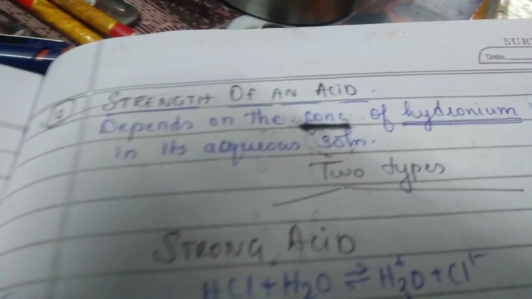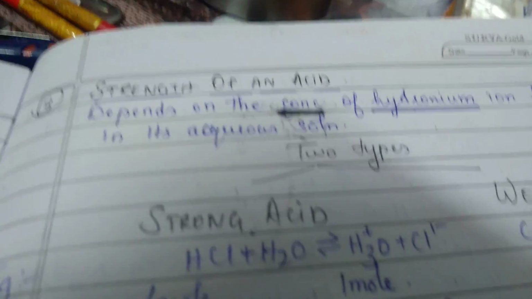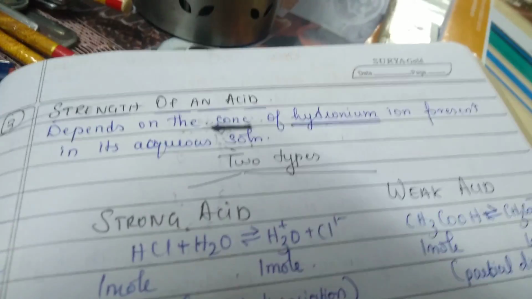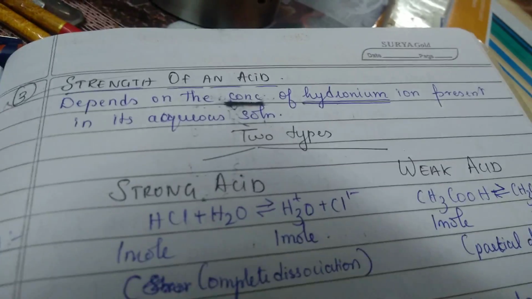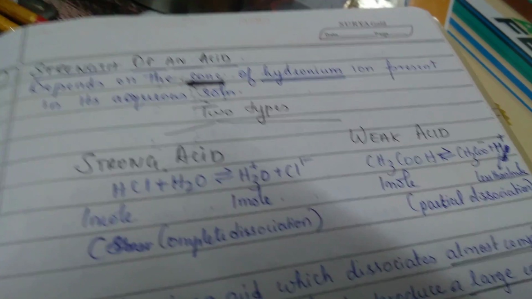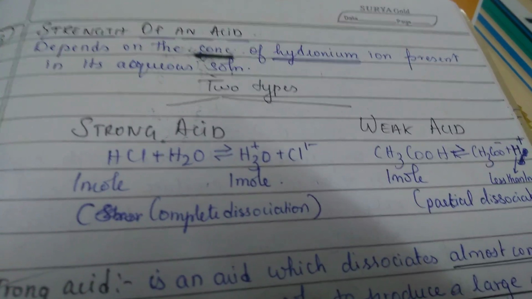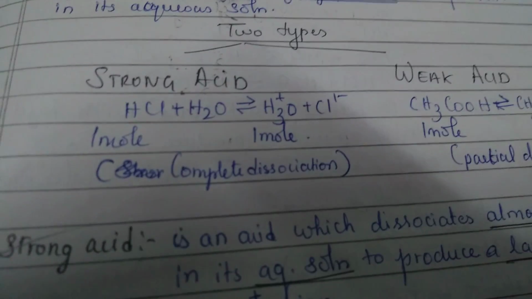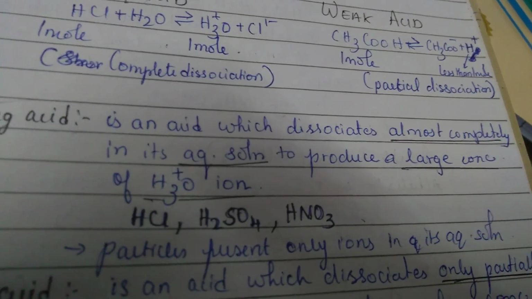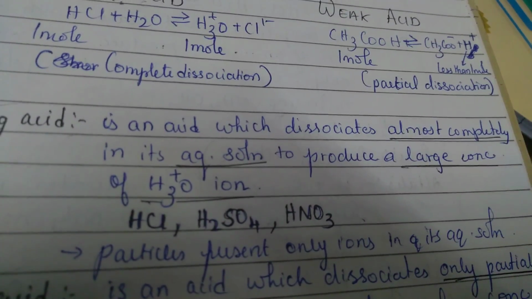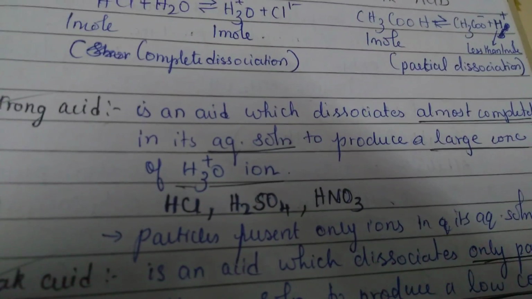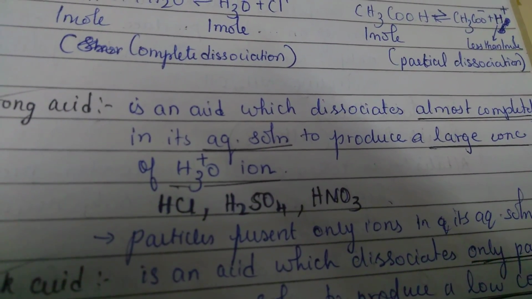Now we'll discuss the strength of an acid. The strength of an acid depends on the concentration of hydronium ion present in its aqueous solution. There are two types on the basis of strength, as we discussed before: strong acid and weak acid. Strong acid is an acid which dissociates almost completely in its aqueous solution to produce a large concentration of H3O+ ion.